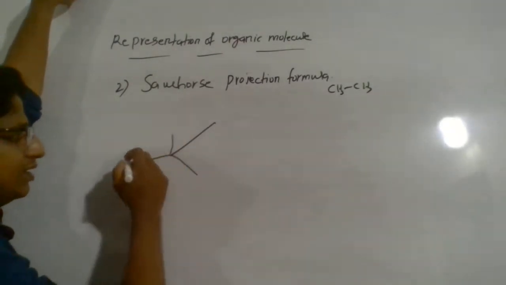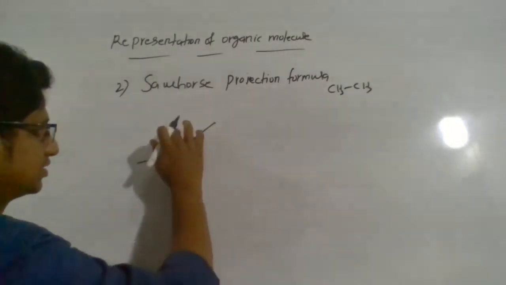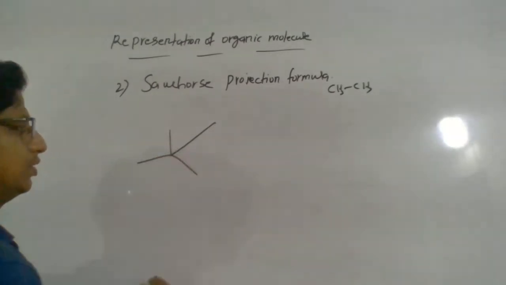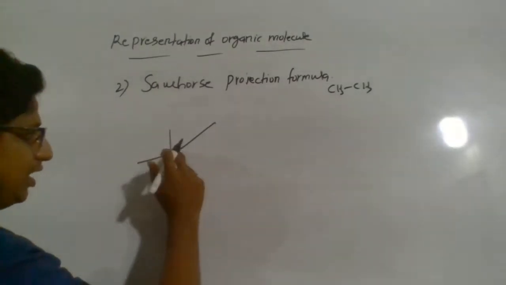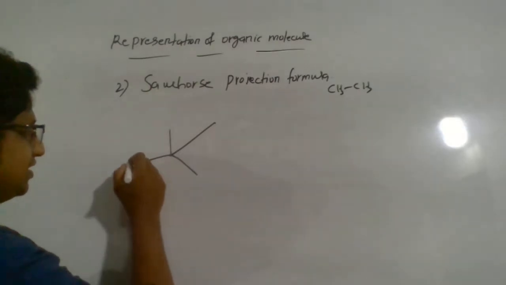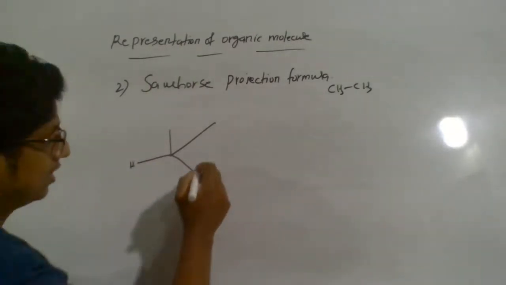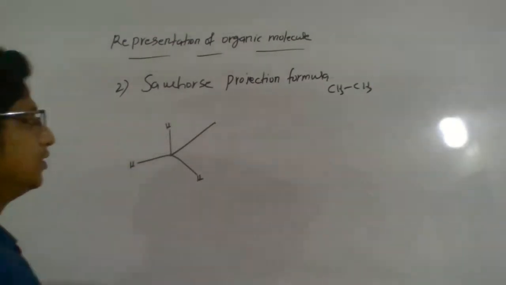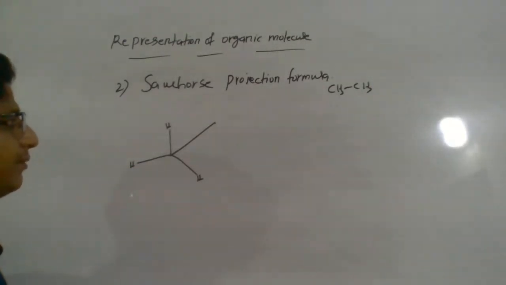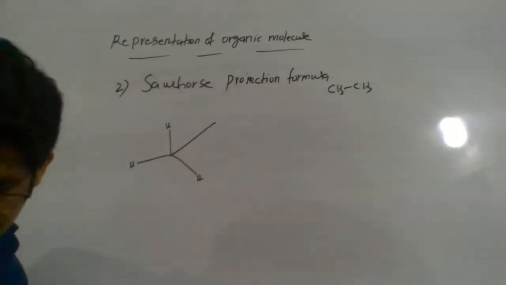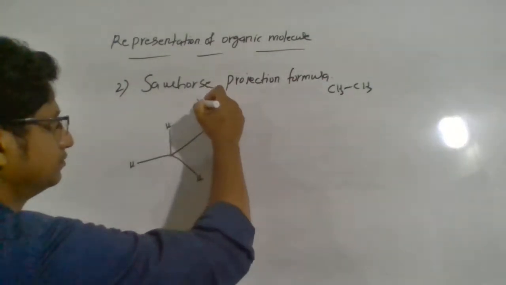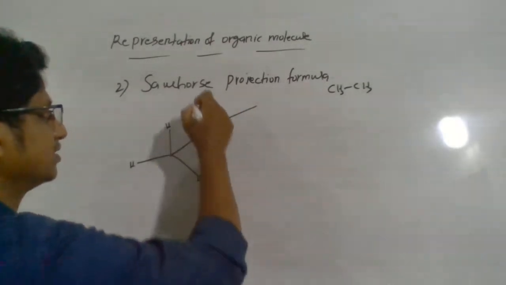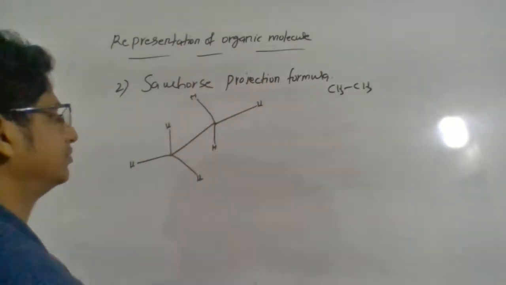Now you can imagine this is a Y, and this should be straight. This is an inverted Y. This is hydrogen, and this is hydrogen. Next one I am also representing as an inverted Y. This is hydrogen, this is hydrogen, this is hydrogen.